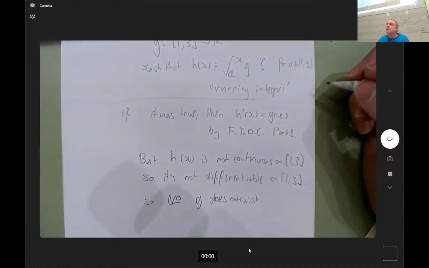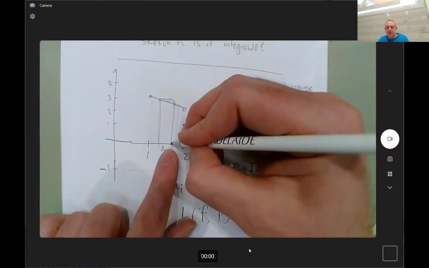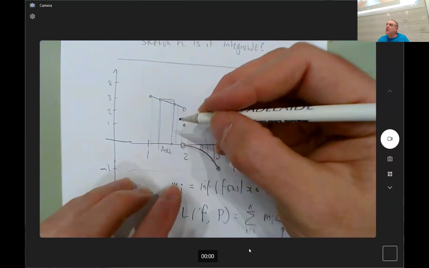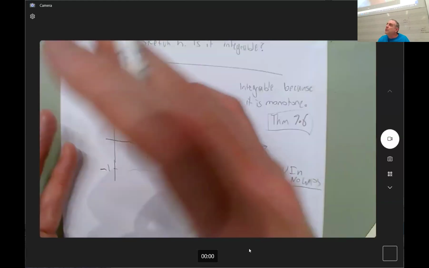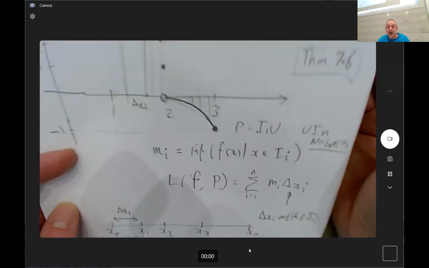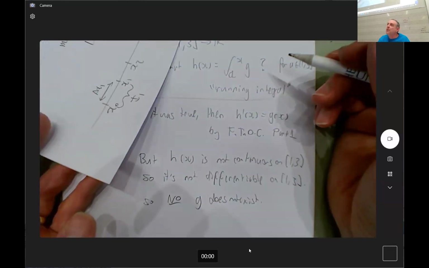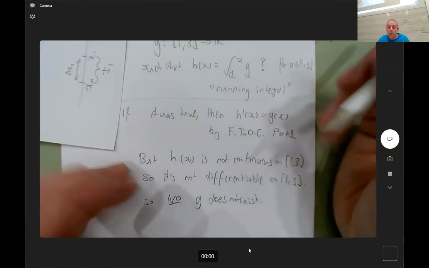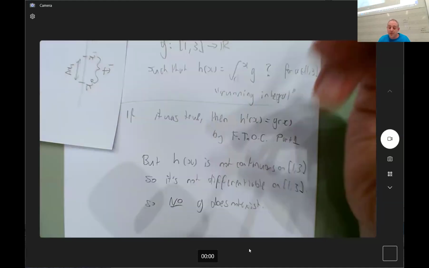Technically, if you start at position a, then you can integrate something backwards and get a negative number. But also, h is never 0, and so it can't be a running integral of anything, because the running integral function is always 0 somewhere. Oh, that's so cool. All right, so we have 2 reasons.